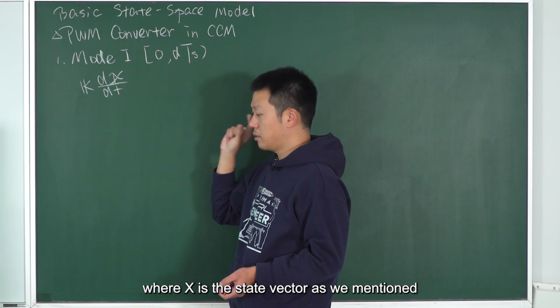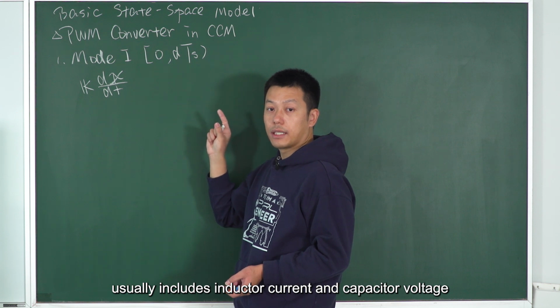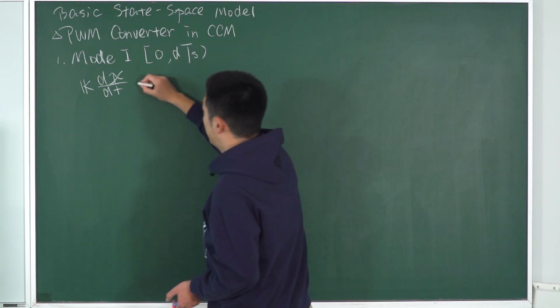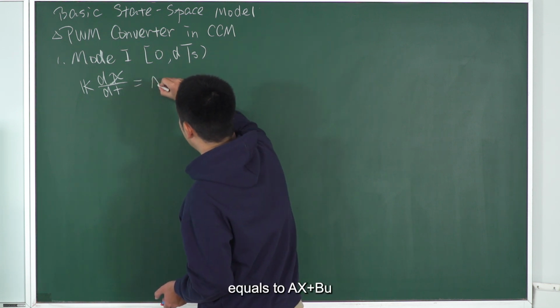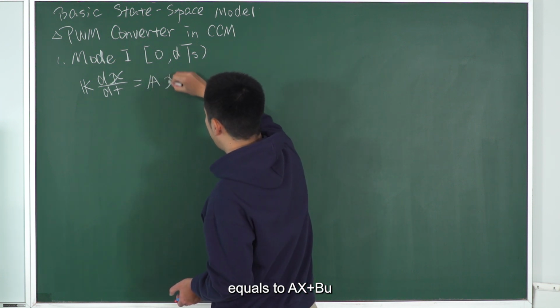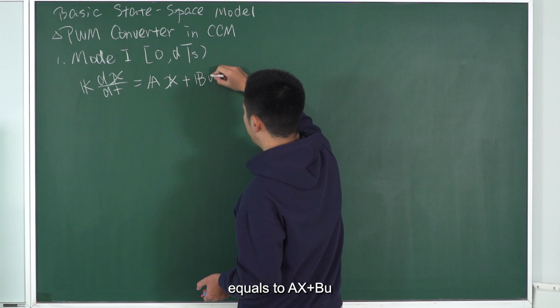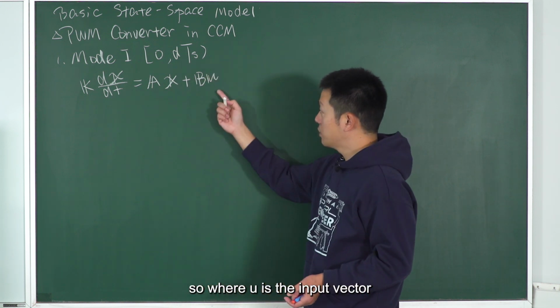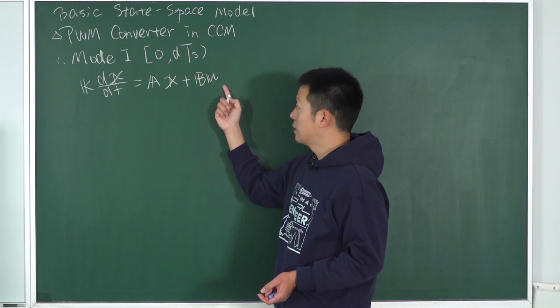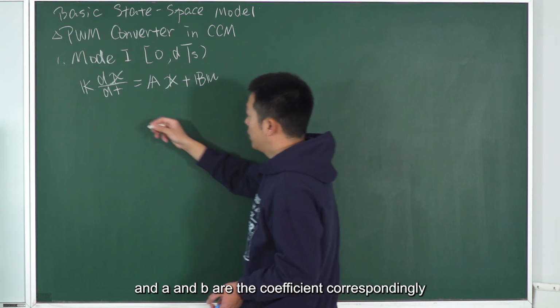As we mentioned, usually it includes inductor current and capacitor voltage, equals A x plus B u, where u is the input vector, and A and B are the coefficients correspondingly.